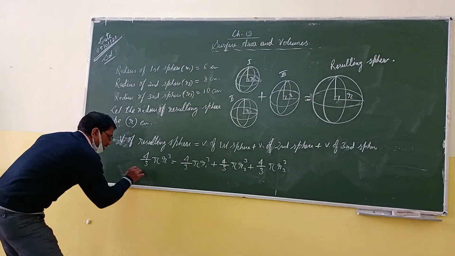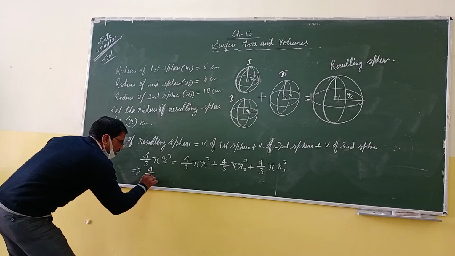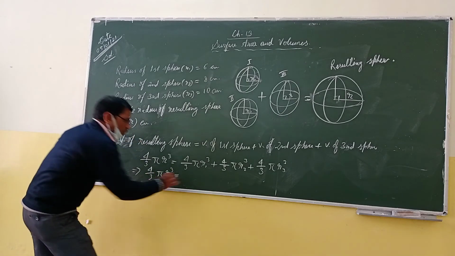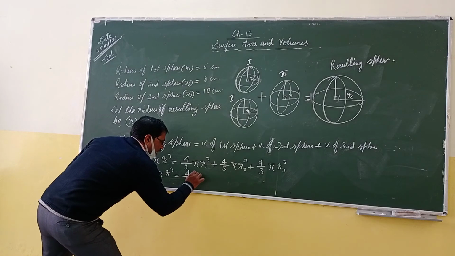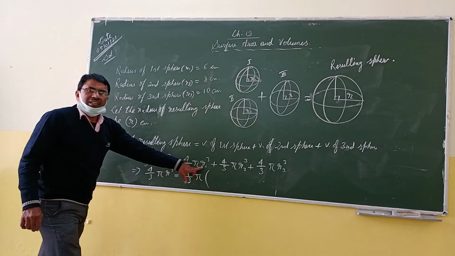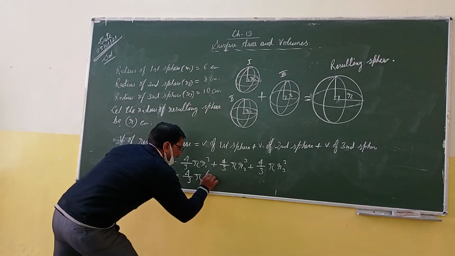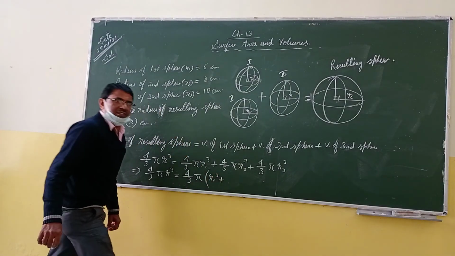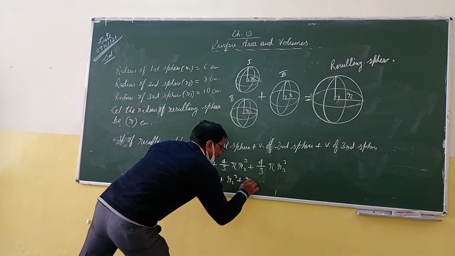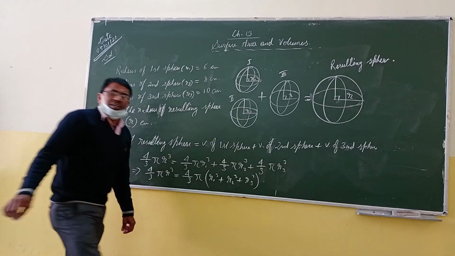Now we shall take common. Start with the implies sign. 4 by 3 pi r cube is equal to, take common 4 by 3 and pi. So what remains? R1 cube plus R2 cube plus R3 cube. Got it?